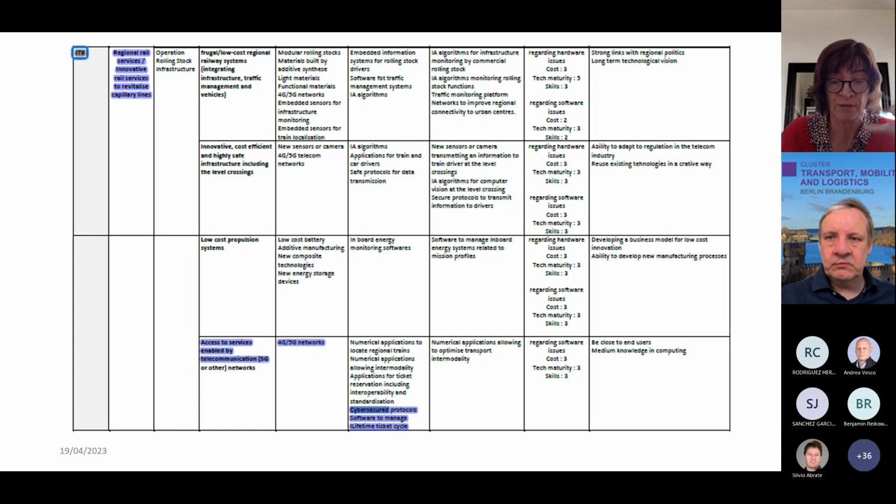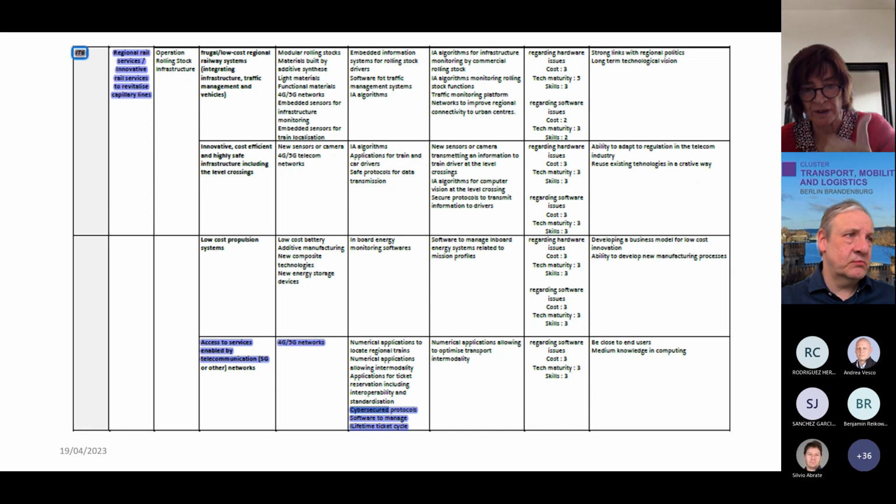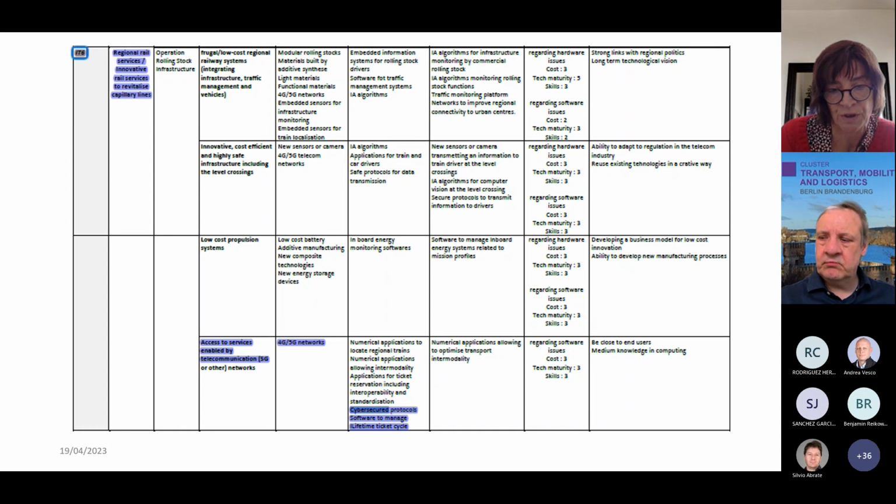That we will have large data platforms to exchange data to help to localize trains, to help passengers, of course, to find their way. And this has also to involve cybersecurity protocols, and that should be strong and should allow to manage all the data that will be shared, and that has to be secure.